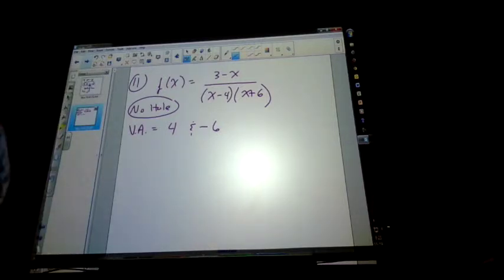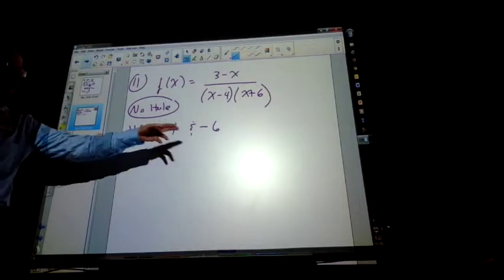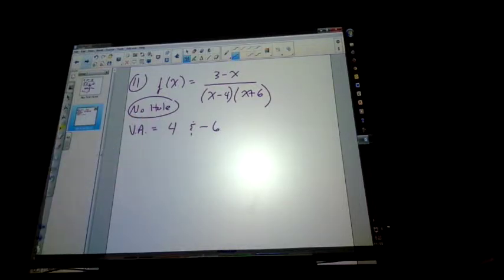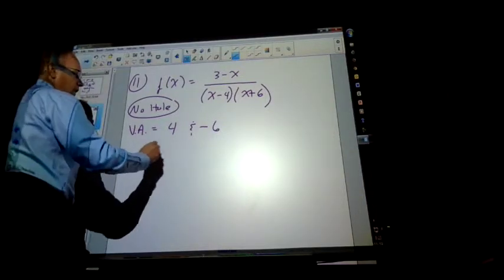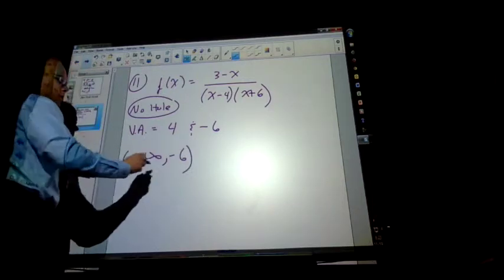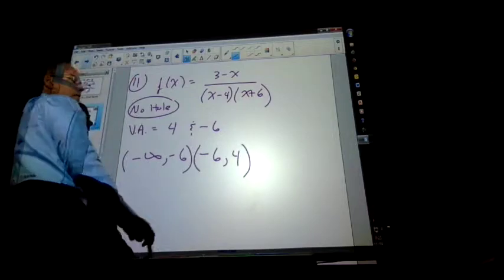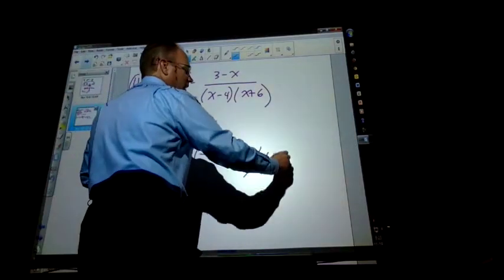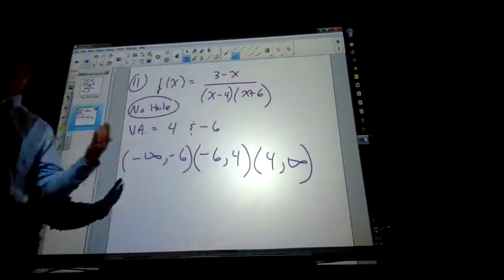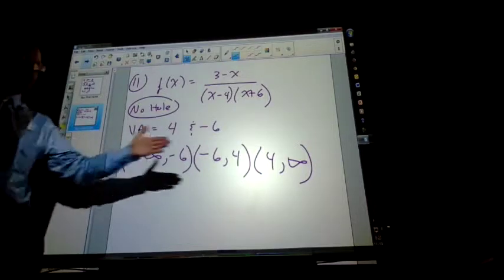How would you represent the domain if you knew that you couldn't have those two values, but everything else would work? Negative infinity to -6? Yeah, and there you go. That's how you'd have to list it.